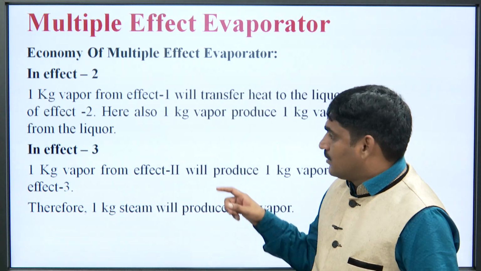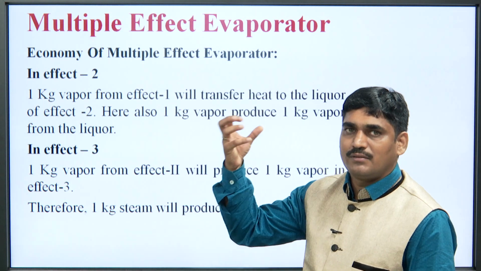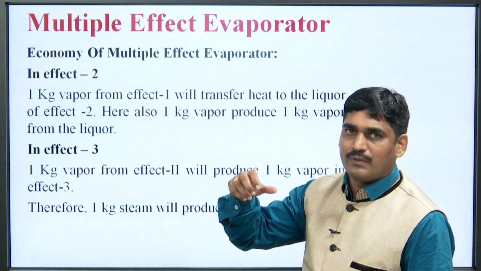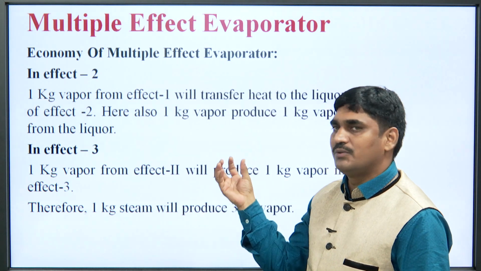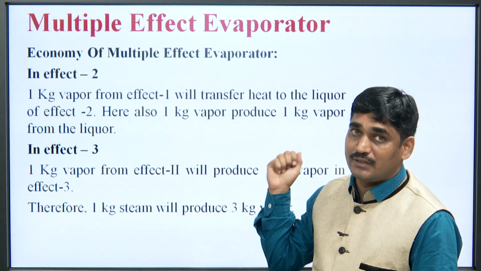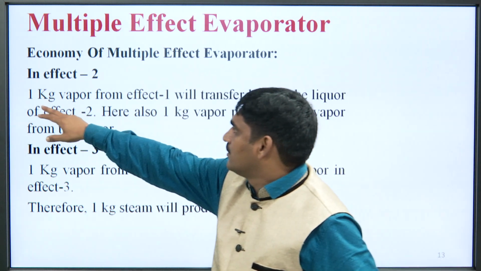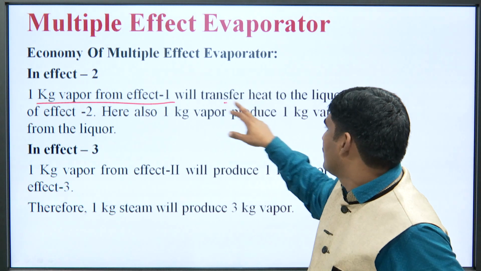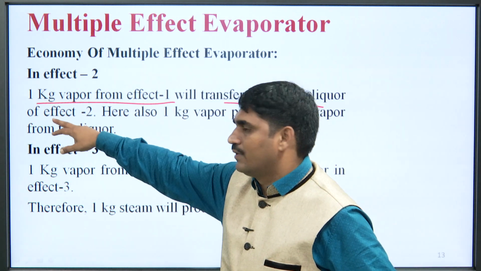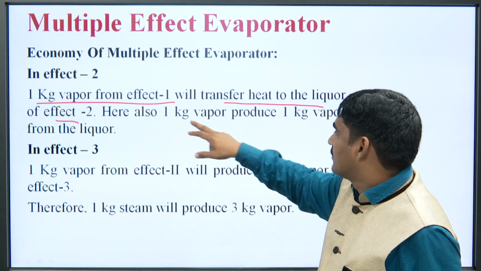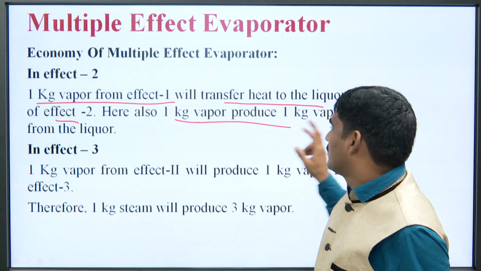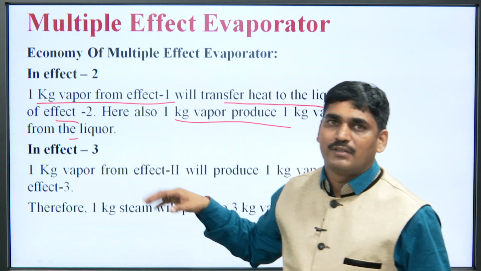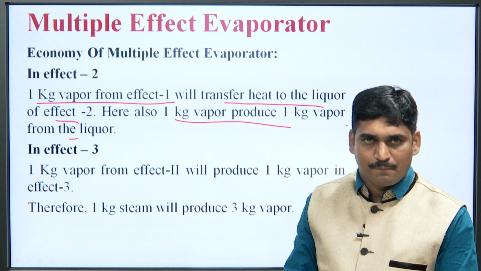The vapor which is produced in effect 1 is used as a source of steam in effect 2. So, this 1 kg vapor from effect 1 will transfer heat to the liquor of effect 2. Here also 1 kg of vapor will produce 1 kg of vapor from the liquor.